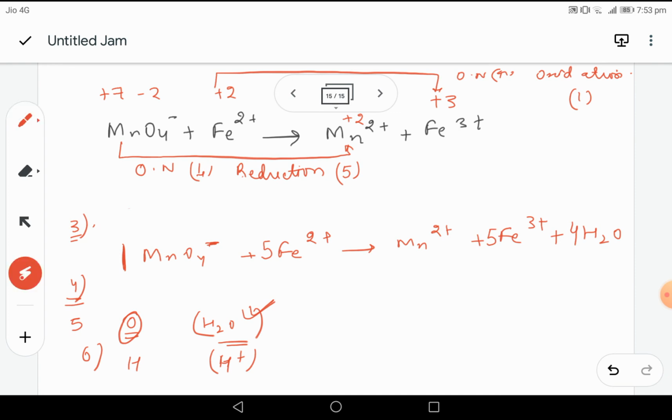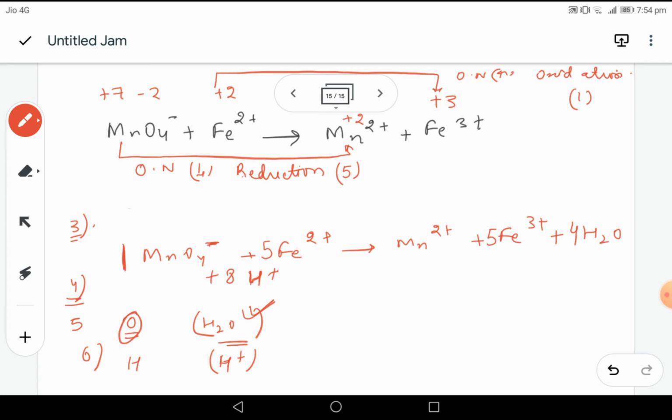Now if you see carefully, this side has got 8 hydrogen, but here I don't have any hydrogen. So how many hydrogen will I add over here? That is 8. And what is the way to balance hydrogen? By adding H positive. So I will add 8 H positive ions here.